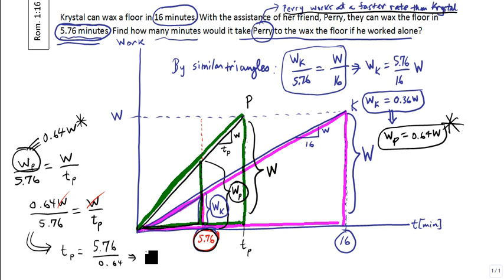That means that if you do that on your calculator, you'll find that 5.76 divided by 0.64 is 9 minutes.